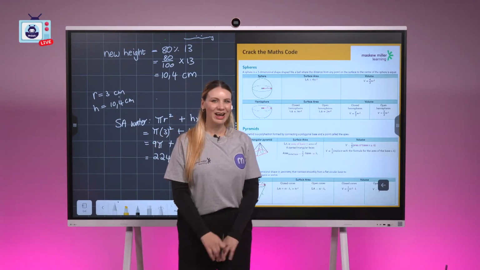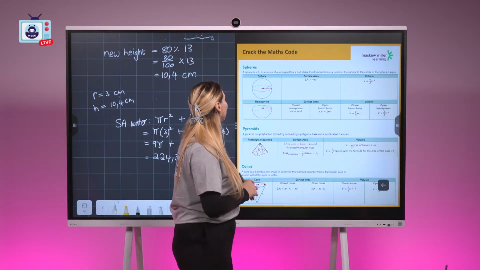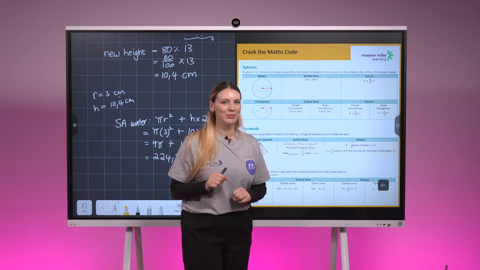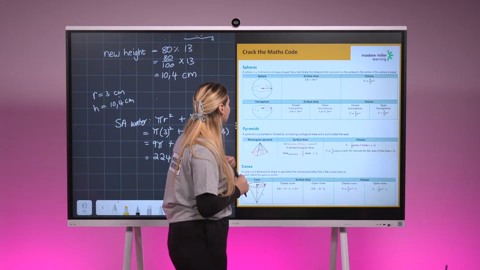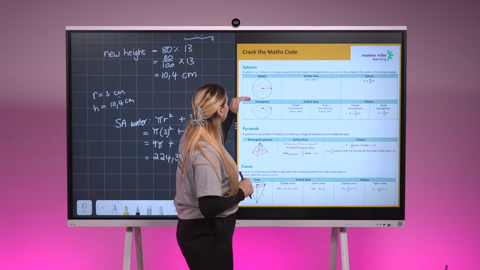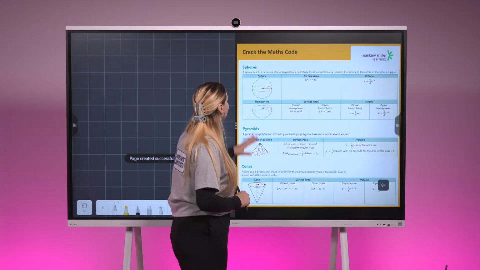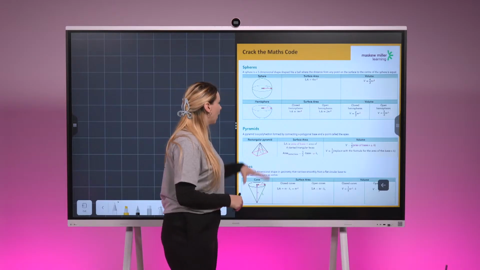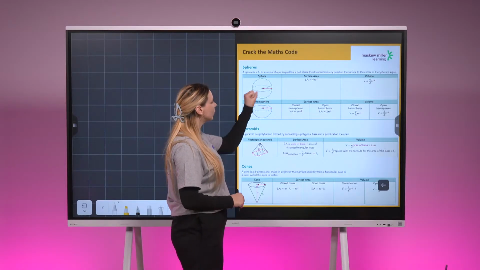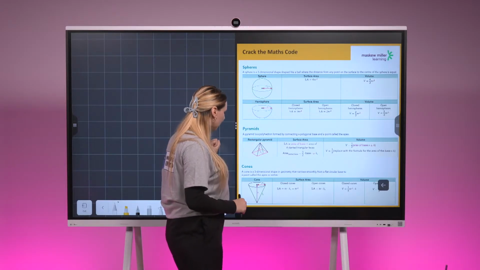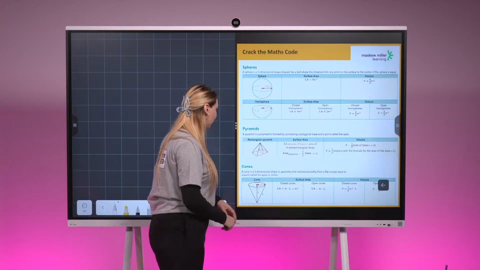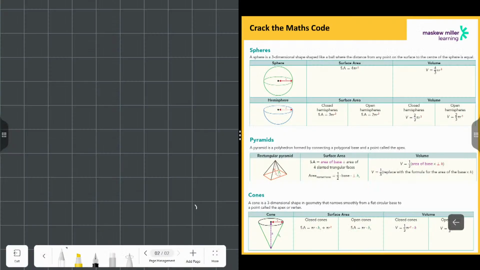All right. I was very lucky to have a look at Crack the Maths Code, and I took out a few things from it that would be helpful for this lesson. There was a whole lot more because they did go into the other formulas as well, the ones that we did previously, but I just pulled out the new ones. So your sphere, your hemisphere, your rectangular prism, they show you all the different types of pyramids as well, and then I've got my cone over there.